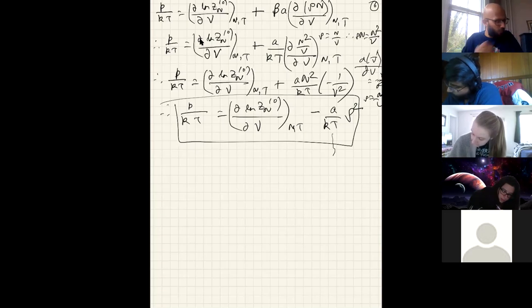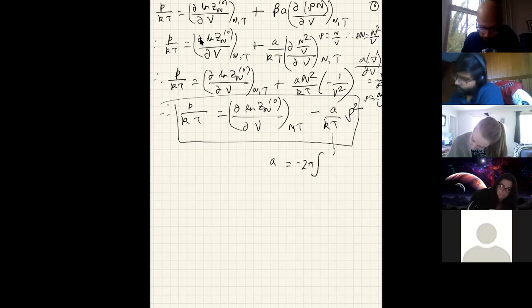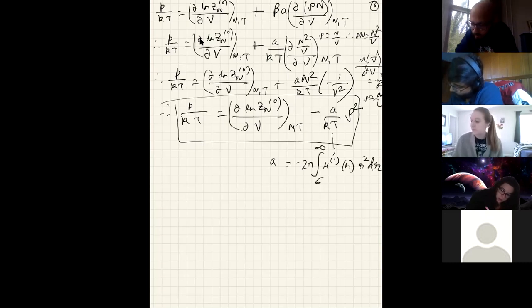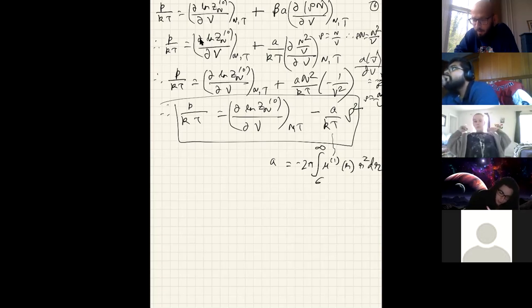Now you see exactly what A is in great precision, where A is minus 2 pi integral from sigma to infinity of U1(r) r squared dr. This is a great equation. This is why theorists sometimes feel smug, because you would use A as a fitting parameter in some experiment. But now, doing a bit of theory, you can see what exactly is the molecular nature of that A. How does it depend on the potential?